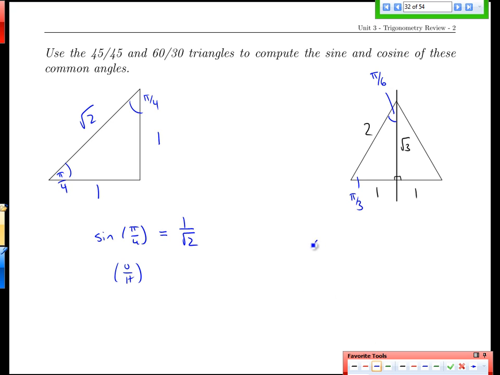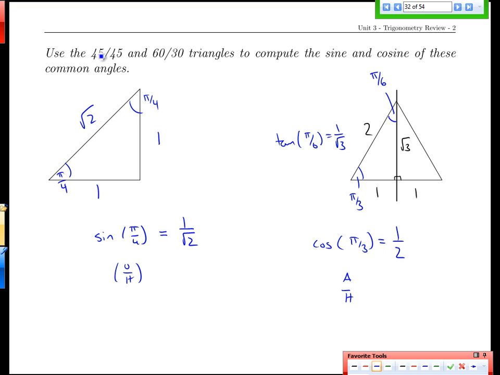And that lets you calculate things like cos of pi over 3, which would be adjacent over hypotenuse, and if that's our angle here, pi over 3, adjacent over hypotenuse would be 1/2. Similarly, tangent of pi over 6, tangent is opposite over adjacent, would be 1 over root 3.